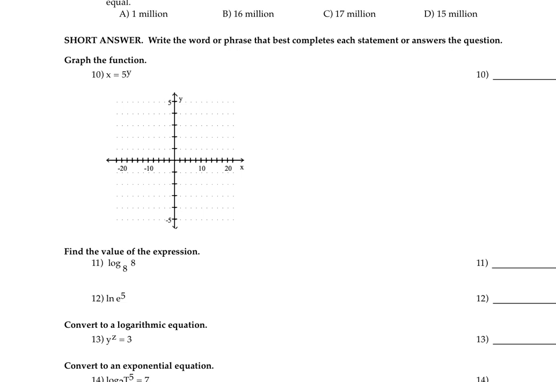Okay, I can't put this one into the calculator like this. So there's two ways that you could kind of go about this one. You could make a table of values, which would be a little bit backwards of what we typically do. Usually we plug a number in because we have an equation in y equals form. Usually we plug a number in for x and we find y.